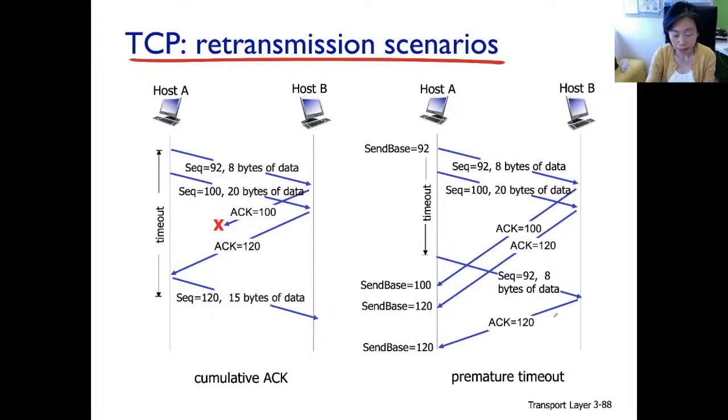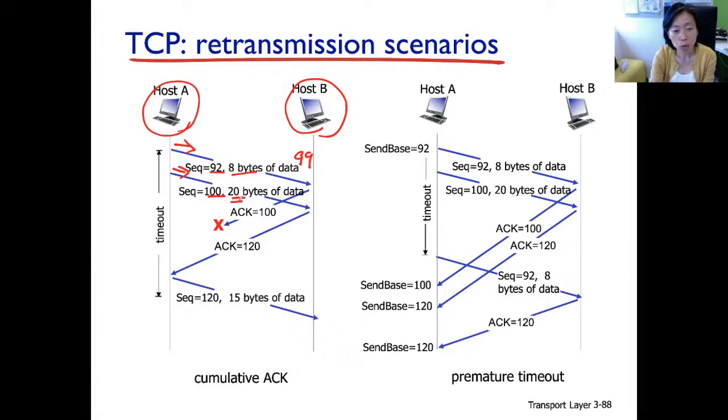And the second example, again, host A being the data sender, host B being the receiver. This time host A sends 2 packets back to back. First, starting from 92 and carrying 8 bytes of data. So we know that the last byte is 99, therefore the second packet starts from 100.